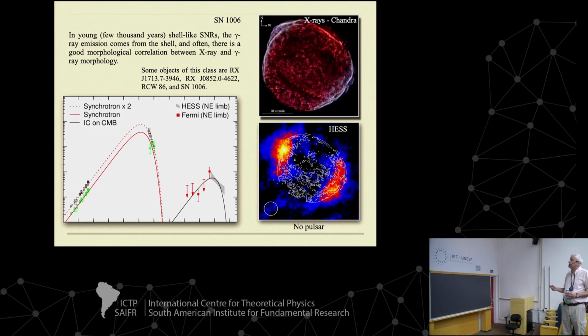You see that the morphology of the remnant is perfectly resolved. And you see that there are some brighter parts, filaments, on the northeast and southwest edges of the shell of the supernova remnant.